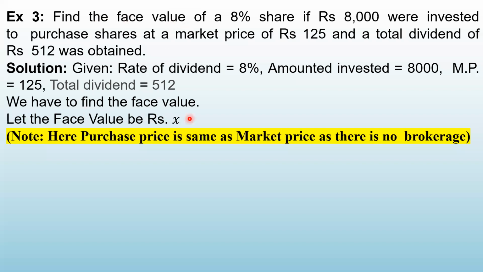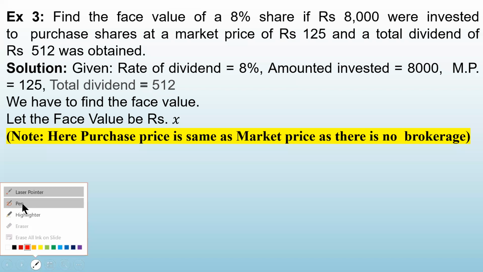As I mentioned before in the previous problem, whatever you have to find out, you call it x. So let the face value be rupees x. Now, because in this problem total dividend is involved, let us write the formula for total dividend.